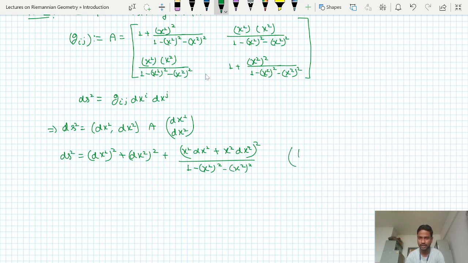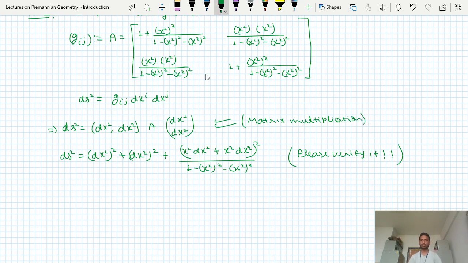So please verify it. You just need to do the matrix multiplication here. There is nothing complicated here. We have been doing it since 12th class. Matrix multiplication, some simplification, and you will get this.